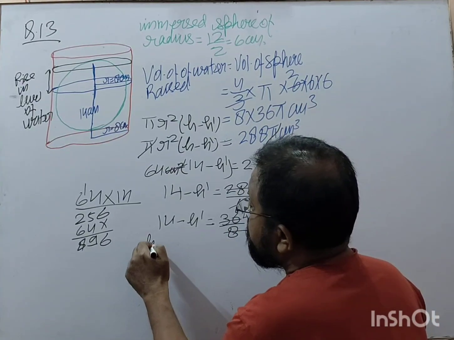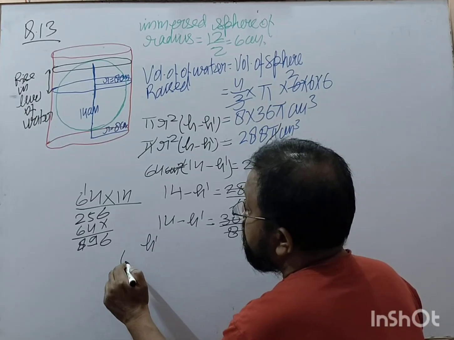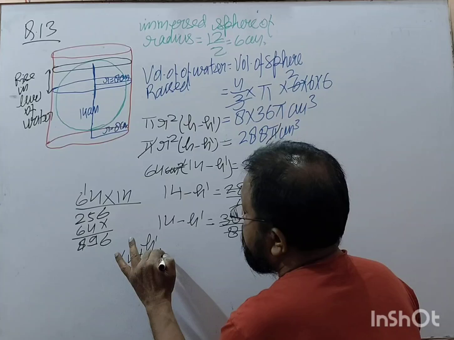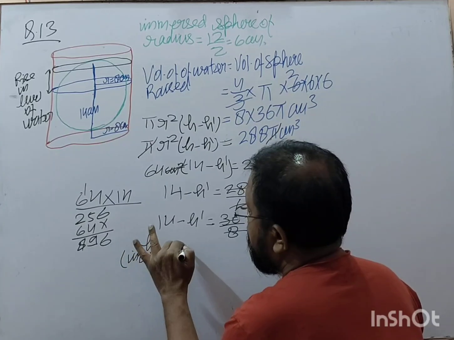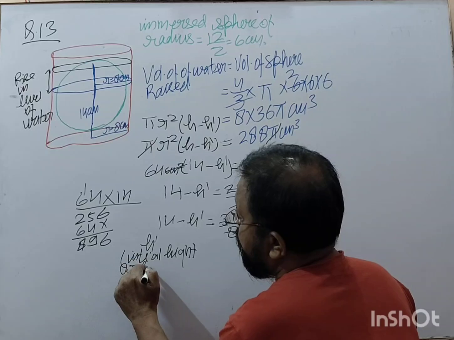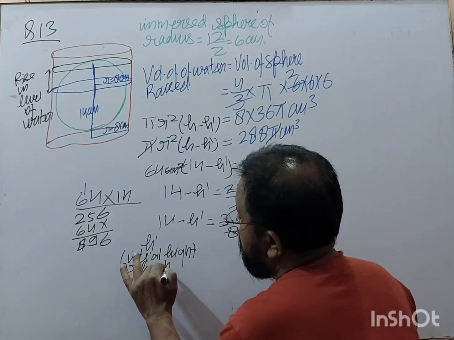So h dash means the initial height, the height of water. What is your answer?